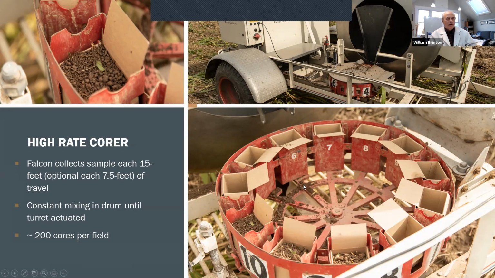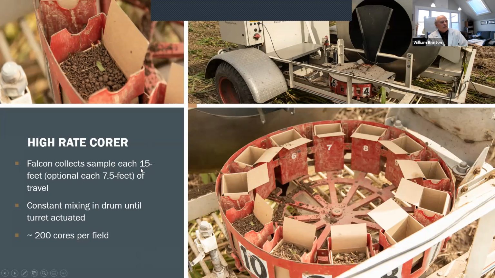So you can go through a field and be grabbing samples and filling any number of boxes over the space of the field. And it's very convenient. You know, the box is full here in the top left, and you pop it out, and they are capable of GPS IDing where they are sampling.